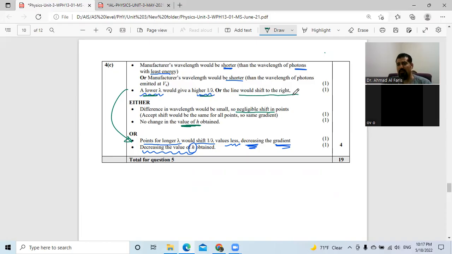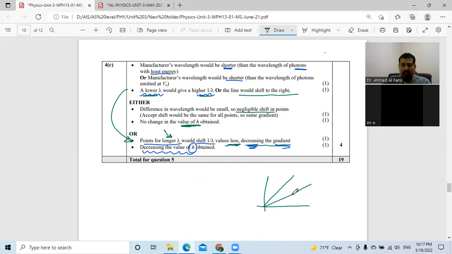That means it will shift the values to the right, it will be higher. So whenever the values are smaller, longer wavelength, the 1 over lambda will be shifted with less value. That means it will decrease the gradient. So instead of having the gradient like this, the gradient will be something like this.